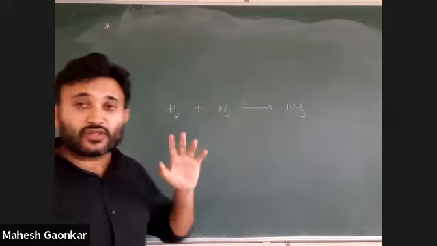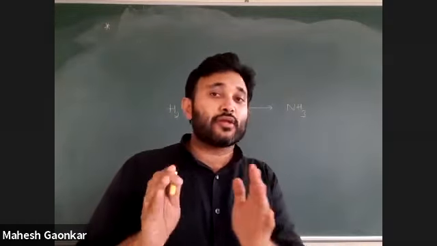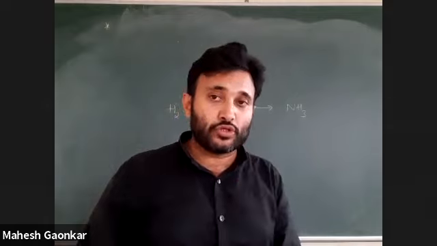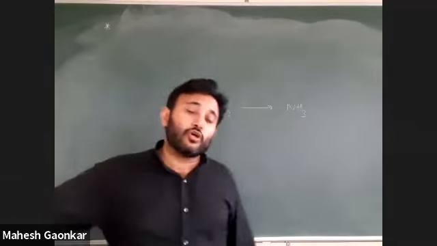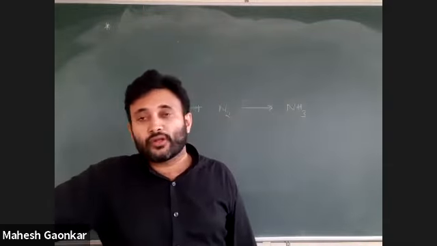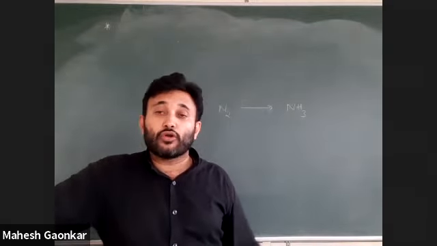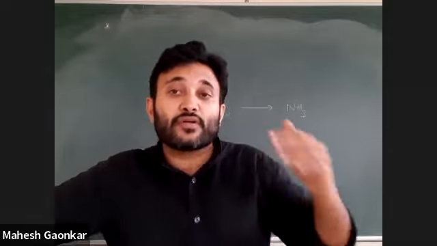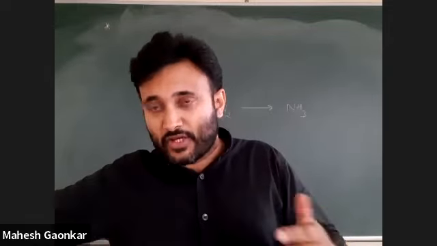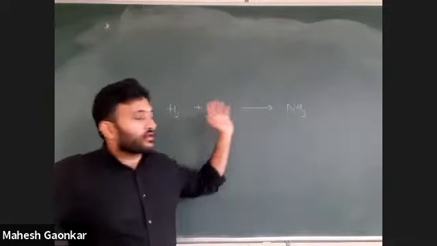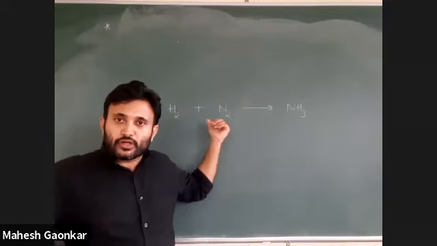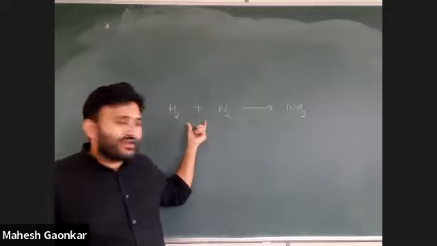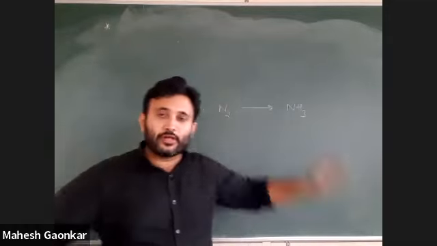See, whenever we say hydrogen, you always should write H2. Whenever we say nitrogen, you always should write N2. Because hydrogen, oxygen, nitrogen, chlorine, bromine, iodine, all of them exist in the form of diatomic molecules in nature. So whenever you are writing the reactions, whenever you are taking hydrogen, you have to write it as H2, nitrogen, N2, and when they combine, they form ammonia.